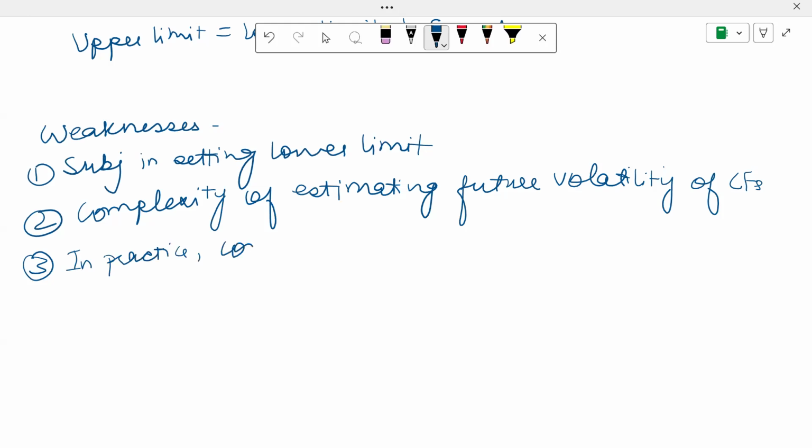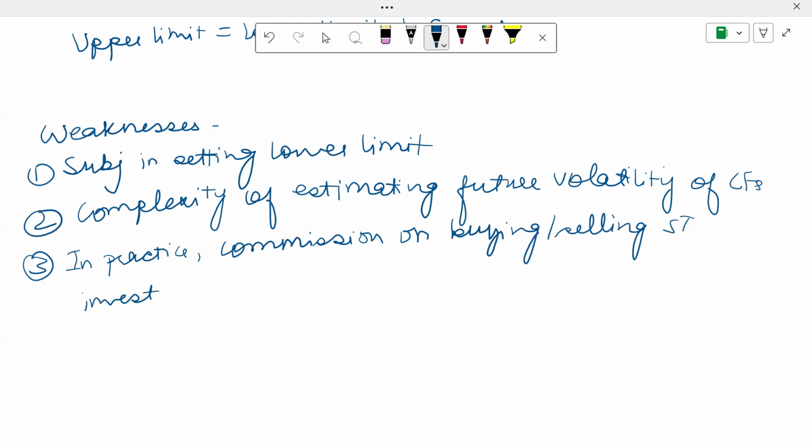And last but not the least, in practice, in reality, the commissions and brokerages that you pay for buying or selling short-term investments, if not fixed, are likely to be partly variable.